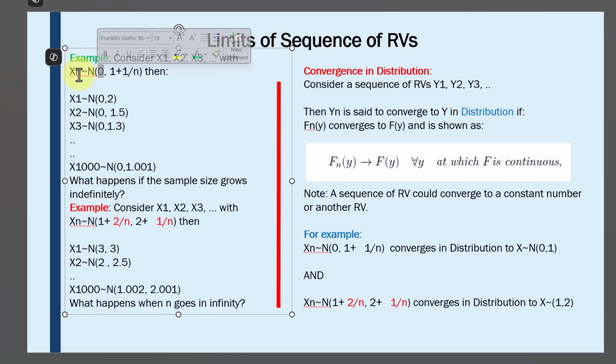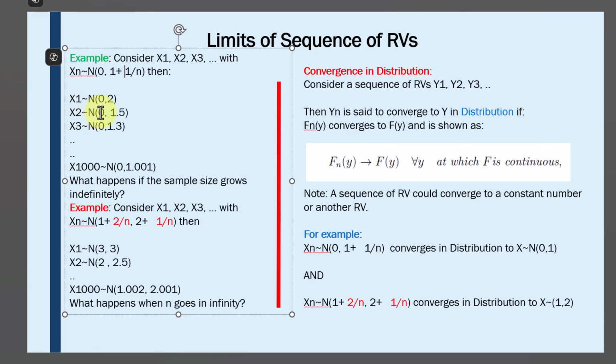Xn, in other words, has a normal distribution with mean 0 and standard deviation of 1 + 1/n. For example, X1, when n is 1, has a normal distribution with mean 0 and standard deviation of 2.